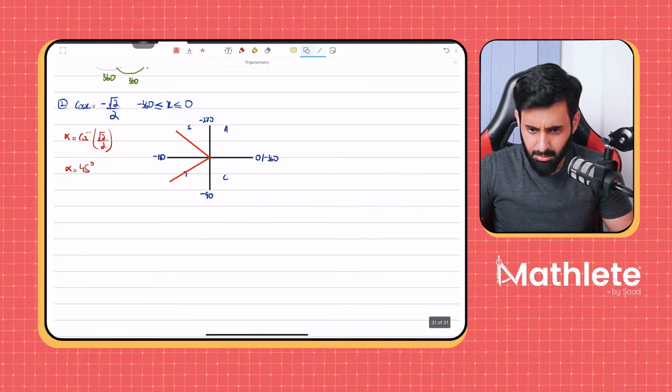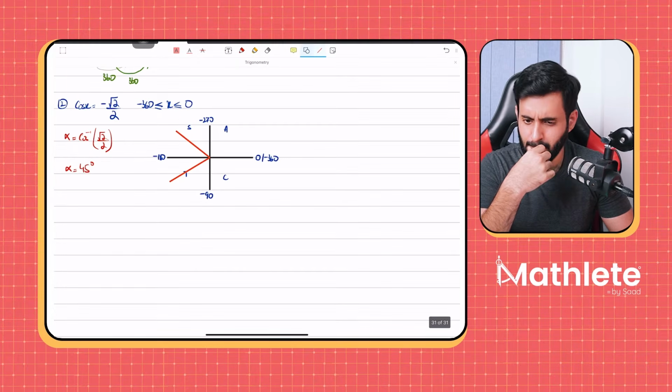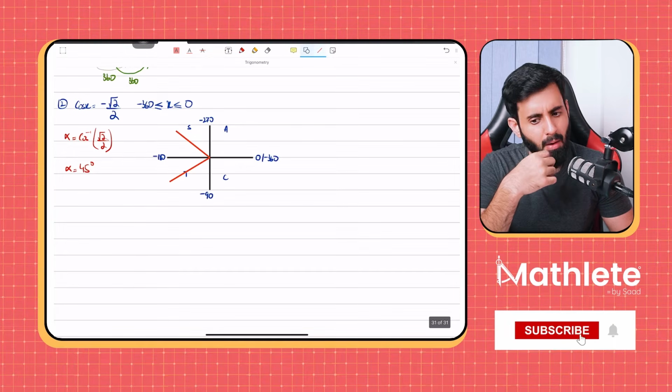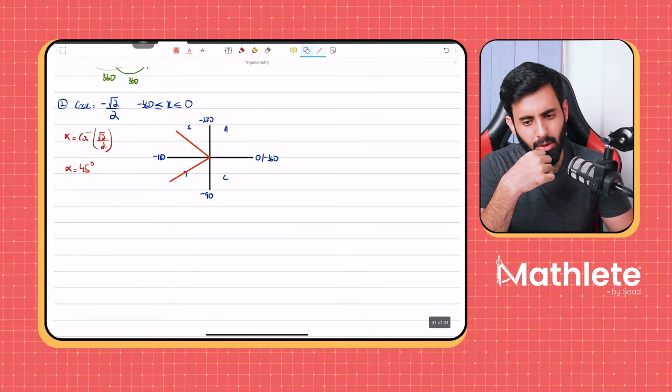By the way, does ASTC apply for clockwise rotation? What do you mean by that? Can you elaborate on what you mean by clockwise rotation?